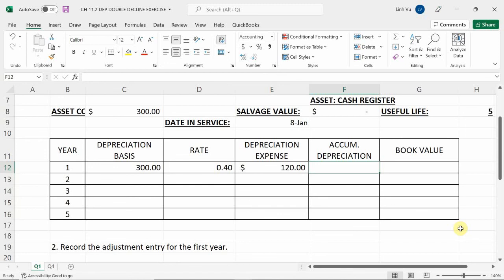180? No. In this case, my accumulated depreciation is going to be my previous year's accumulated depreciation plus my current year's depreciation expense. So it'd be 120. Good. Your book value is going to be your asset cost of 300 minus your accumulated depreciation. 180.